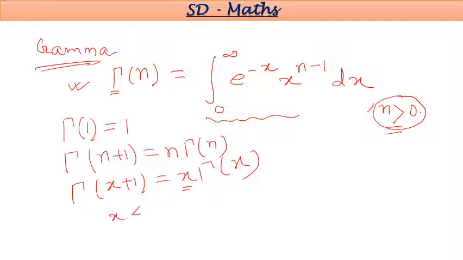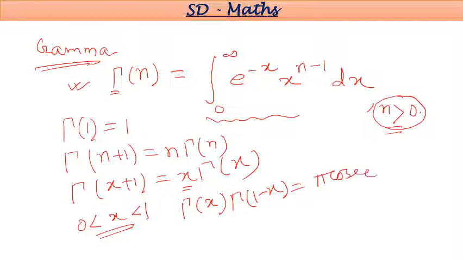Now when x lies within 0 to 1, the formula is gamma of x times gamma of 1 minus x equals pi cosec pi x, where x takes a fractional value.